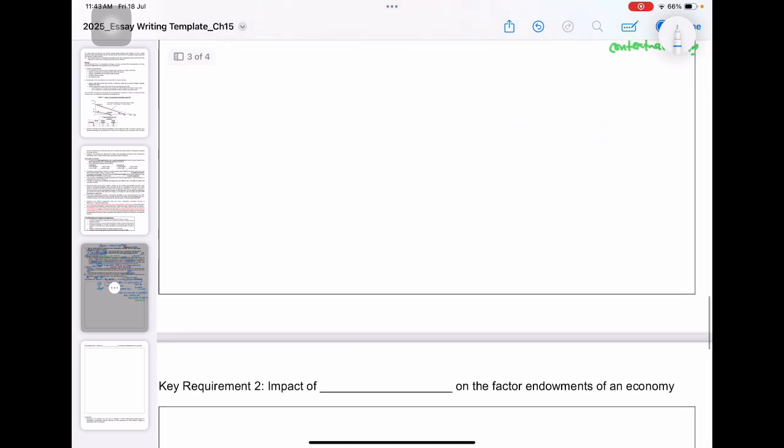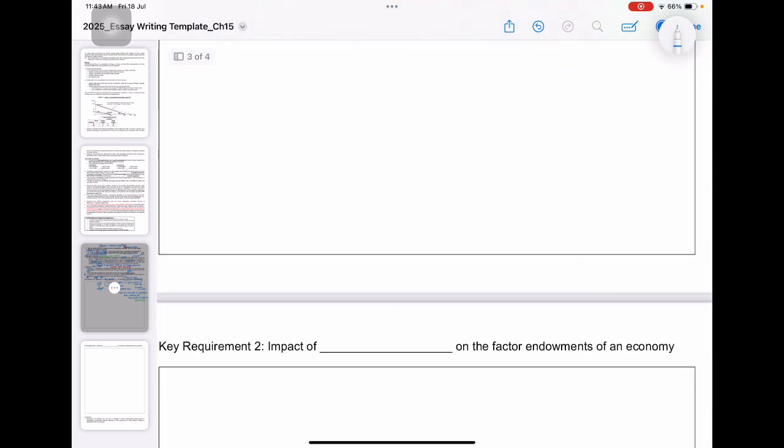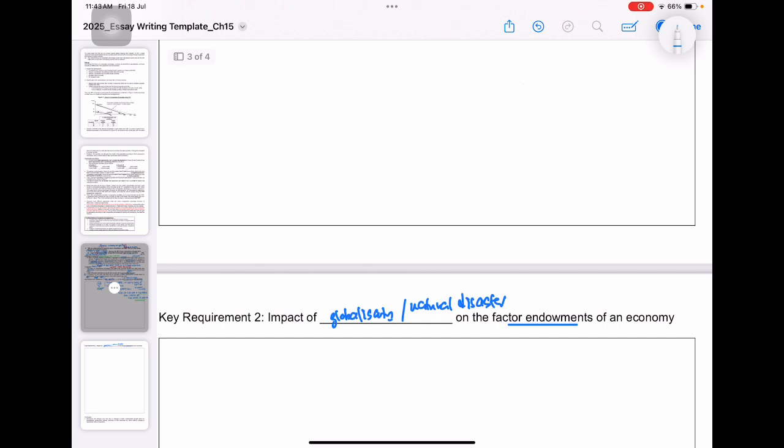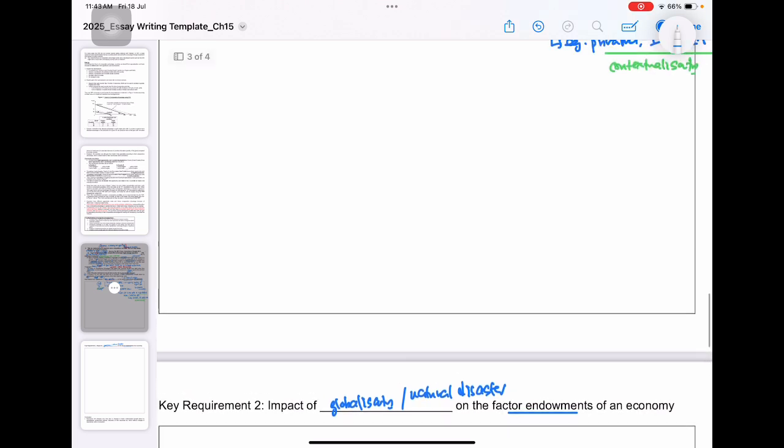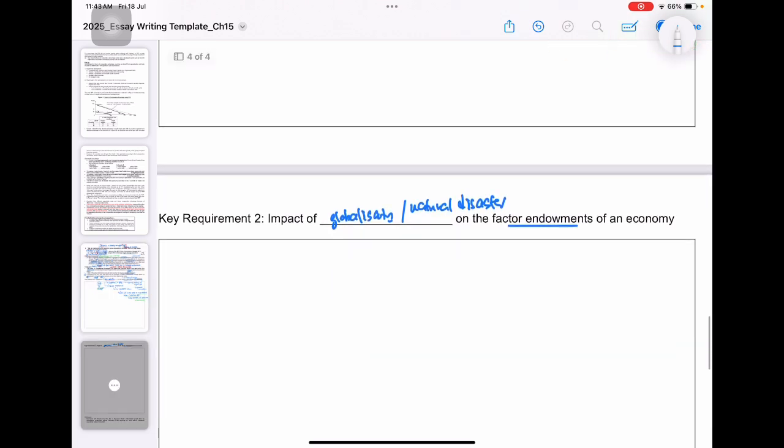Okay, KR2 over here is the impact of, you could talk about globalization. Then some of you talk about natural disasters and how it actually affects the factor endowment, so on and so forth. I'm not going to go through the KR2 in detail because the suggested answer did give you a bit more information and also the explanation.